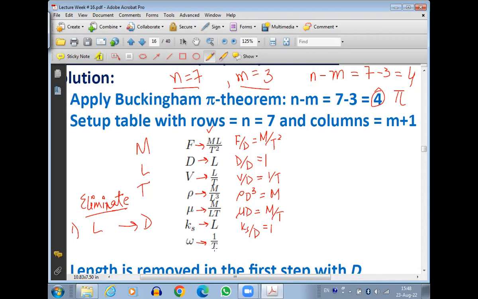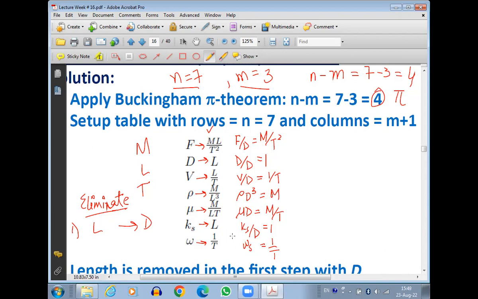Here there is no L, so I'm going to keep it as it is, no change. Omega S as 1 by T. First step done. In this step, eliminated L. Is it clear?